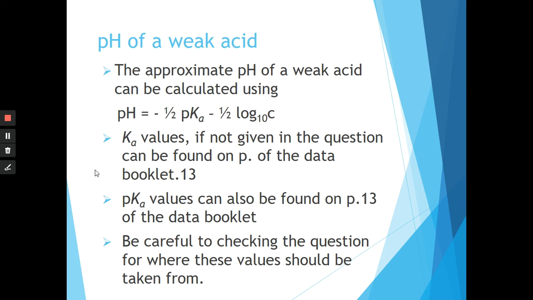How we would do that is we would take our Ka, work out what pKa is, and half it. We also need to look at the concentration of the hydrogen ions present. When we're using this equation here, we will be given 2 of the 3 bits of information, or we can find the missing bit of information on page 13 of the data booklet.